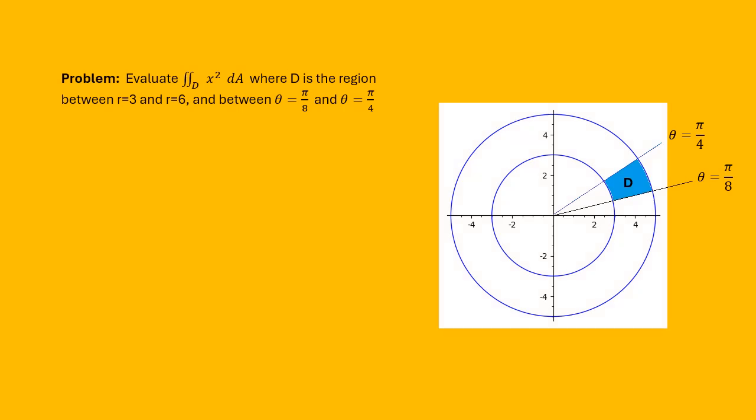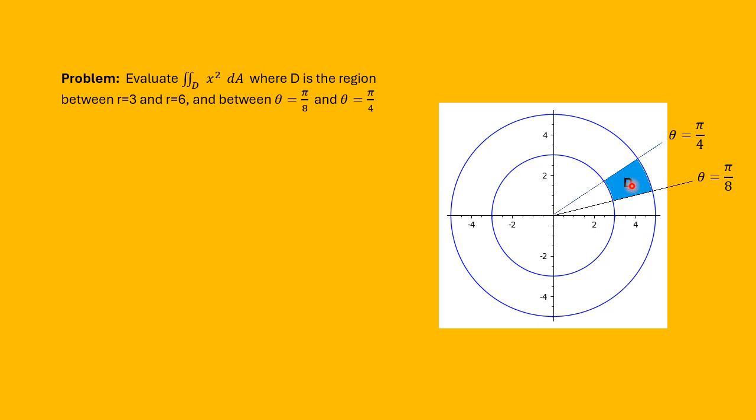So let's consider a problem involving integration using polar coordinates. Let's evaluate the double integral over a region D of x squared dA, where D is the region shown on our graph.